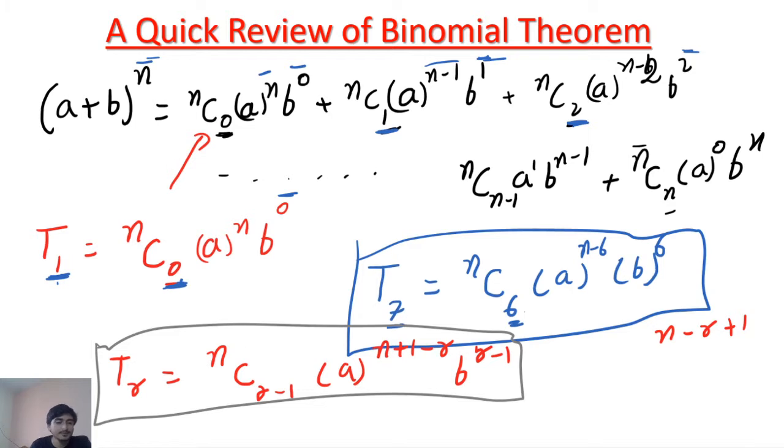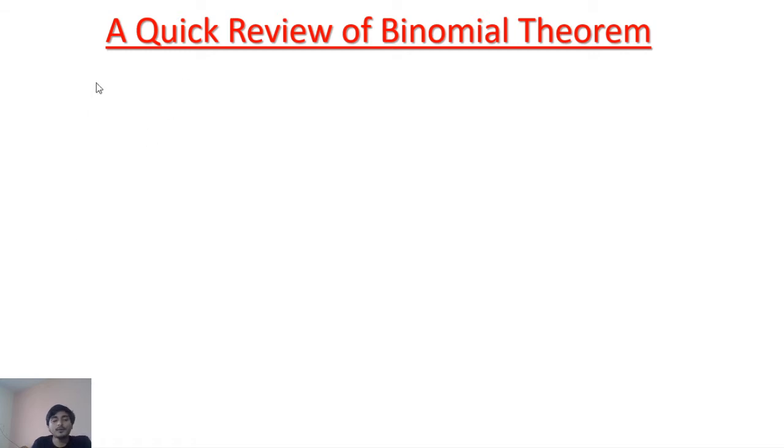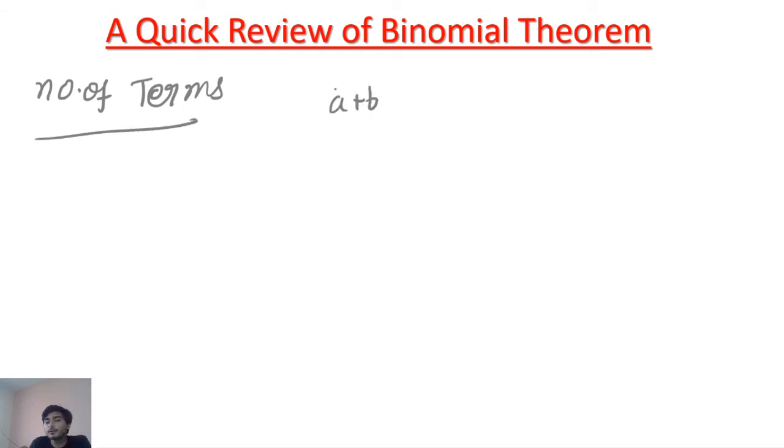Okay guys, coming to the next thing. Now if you see in all the expansions, about the number of terms. If you see a plus b whole square, it is a square plus 2ab plus b square, right?